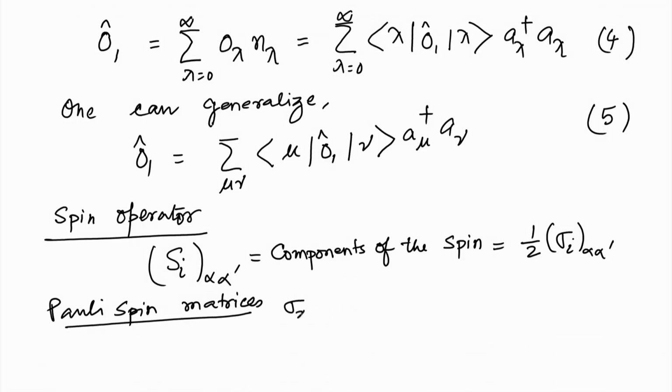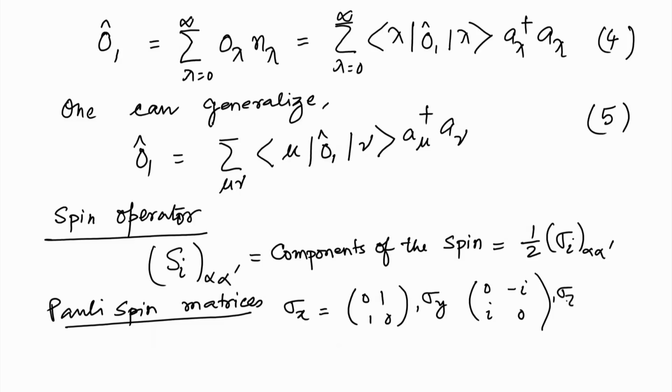I have a sigma x, which is 0 1 1 0, a sigma y corresponding to the spatial direction y, and there is a sigma z which is 1 0 0 minus 1. The important thing about them is that the trace of all these is identically 0.